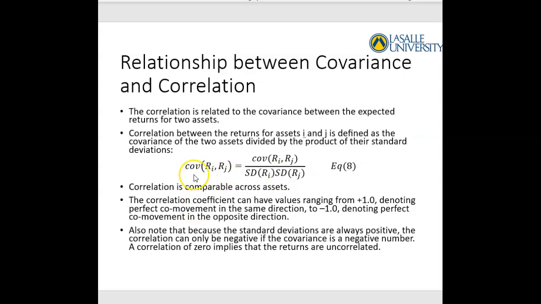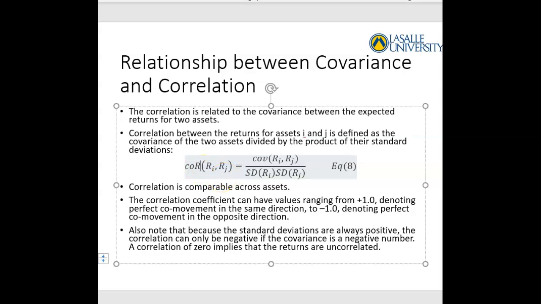So that way you can understand the relationship between the two. Oops, this looks like an error here. This should be correlation. Sorry about that. So continuing my thoughts there, correlation simply helps you understand covariance, but in a more standardized manner because you're dividing it by the standard deviations.